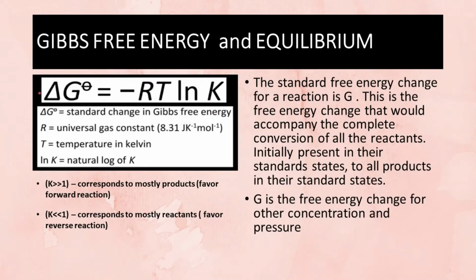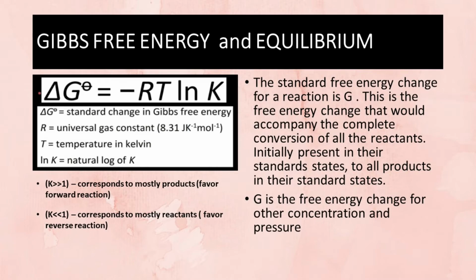As you might suspect, the Gibbs free energy change is closely related to the equilibrium constant, which you have already encountered as a measure of the favored direction of the reaction. A large value of the equilibrium constant corresponds to mostly product favored, or favors the forward reaction, and small values of the equilibrium constant indicate mostly reactants, or favors the reverse reaction.